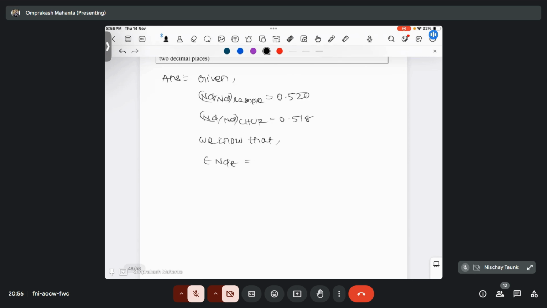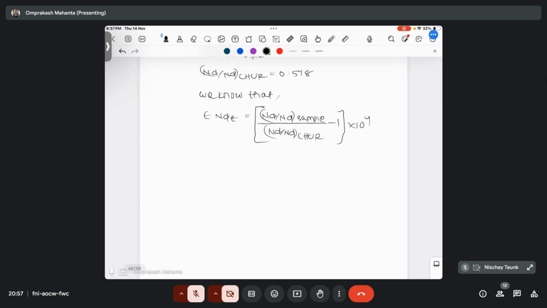That's sample by CHUR minus 1 into 10 to the power 4. Nd by Nd sample divided by Nd by Nd CHUR minus 1 into 10 to the power 4. So 0.5205 divided by 0.518 minus 1 into 10 to the power 4.